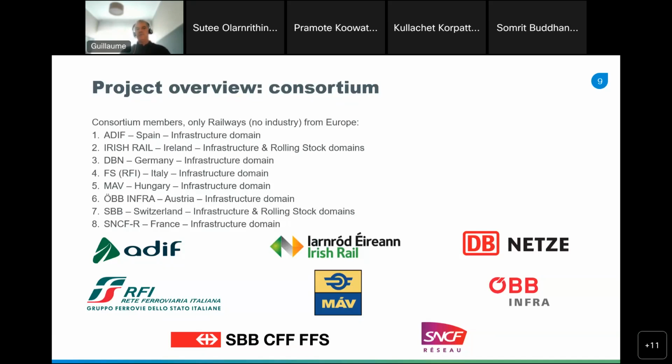Most of those 8 members of the consortium are already well advanced in their digital transformation. So they already face some challenges, mostly on data and technical challenges. This is also important to note.